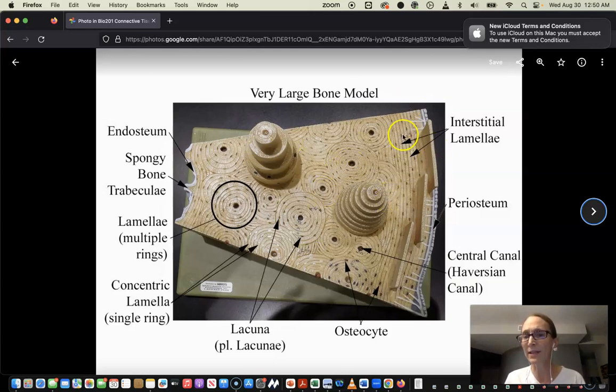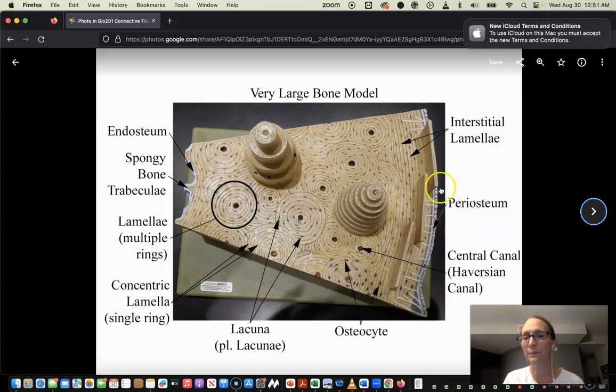You will have this interstitial lamellae, and that interstitial lamellae will again get most of its nutrients from the blood through that periosteum, and then into the interstitial lamellae.